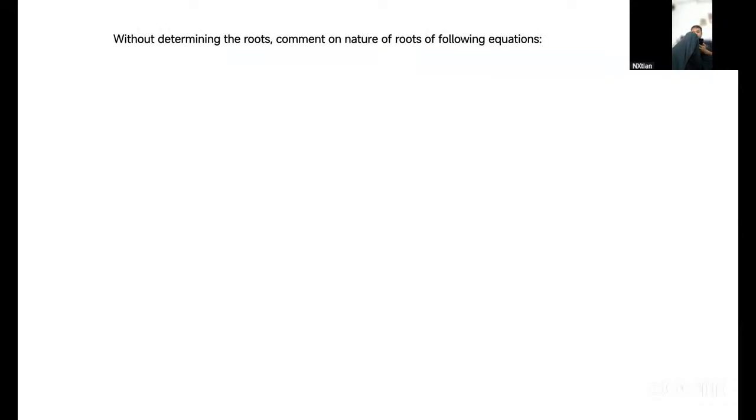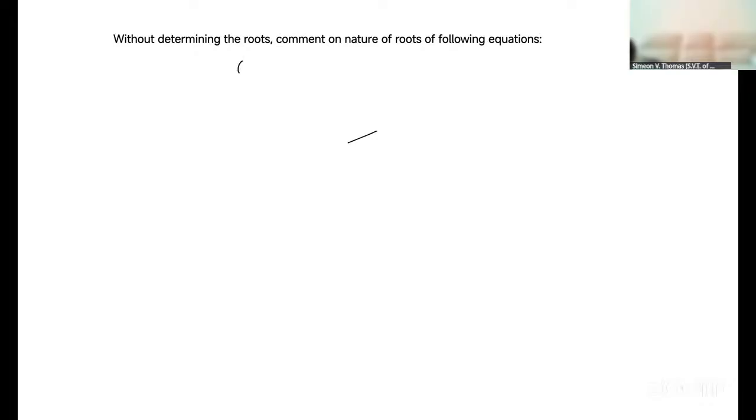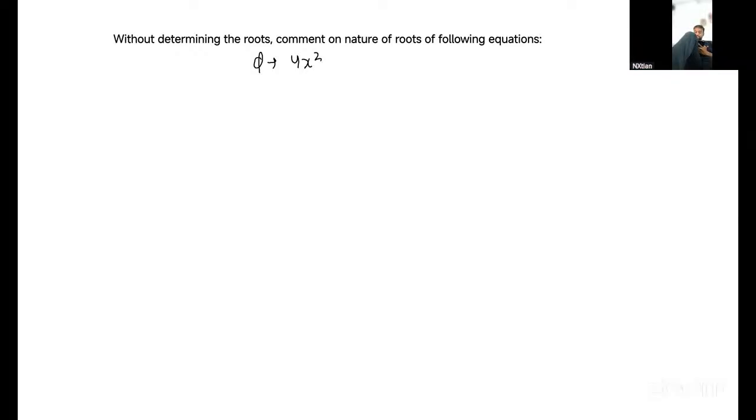This is the question, no? Yes. 4x square minus 12x plus 9 is equals to 0. Okay, so we have to determine the roots. Whenever this type of question asks to determine the roots, we have to find the value of D. D is basically b square minus 4ac.